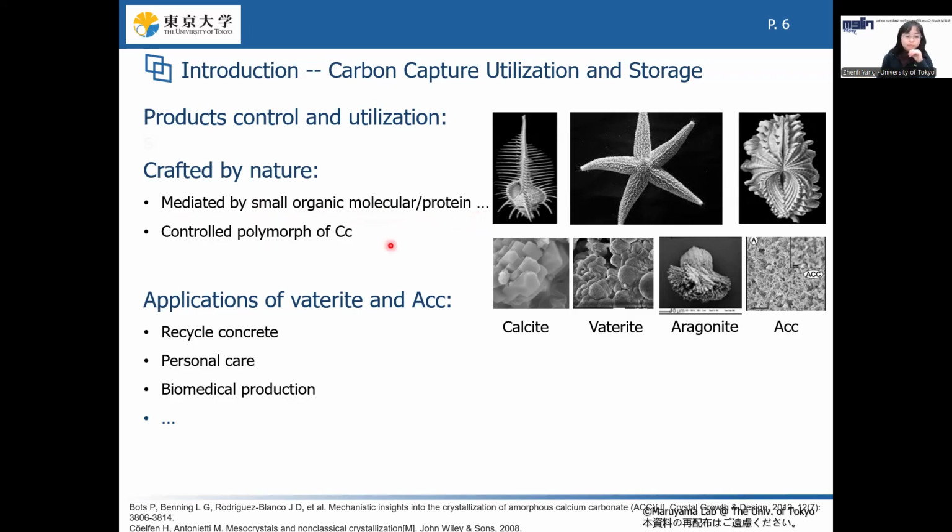Inspired by this, the biochemistry industry has already applied some organic molecules to control the polymorph of calcium carbonate to form different types like calcite, vaterite, aragonite, and amorphous phase. If we do the same thing in wet carbonation, we can better apply the more dissolvable vaterite and amorphous phase to better serve in recycled concrete or personal care and biomedical production.